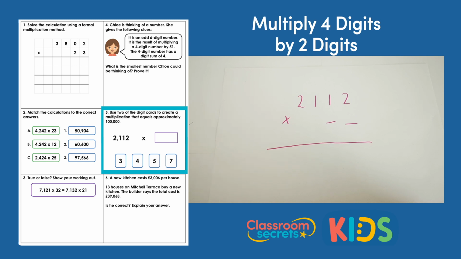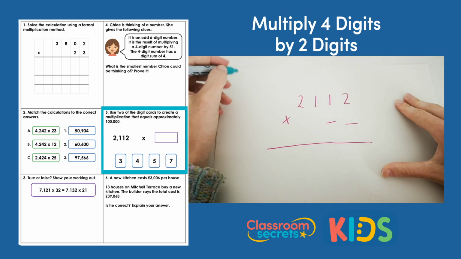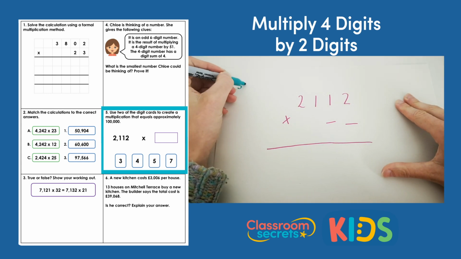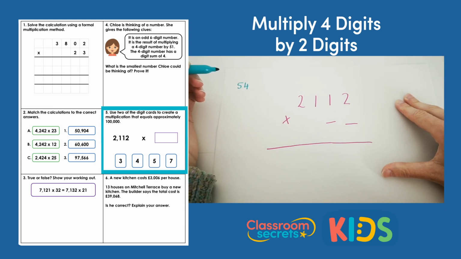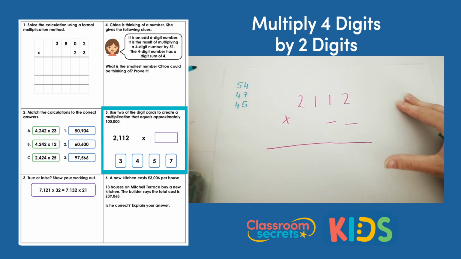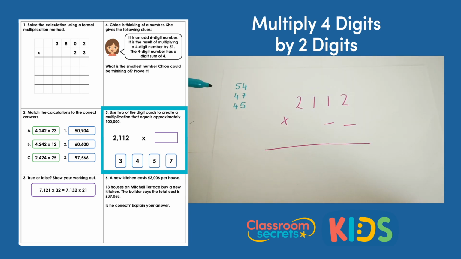So we could potentially do 54 times 2,112. We could do 47 times 2,112, or we could do 45. Now I know that if I were to multiply 2,112 by 54, the answer is going to be greater than 100,000.